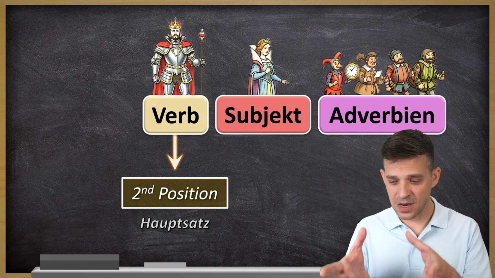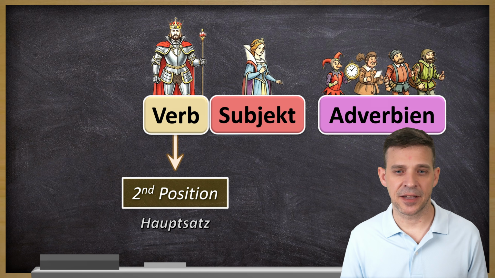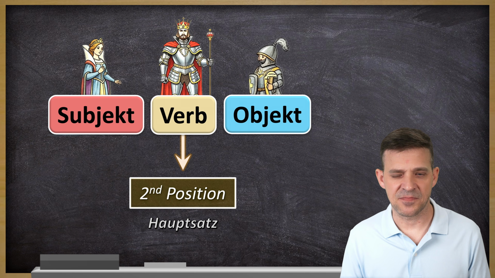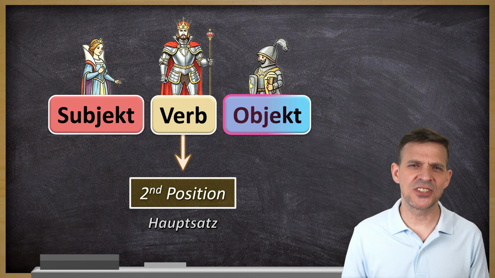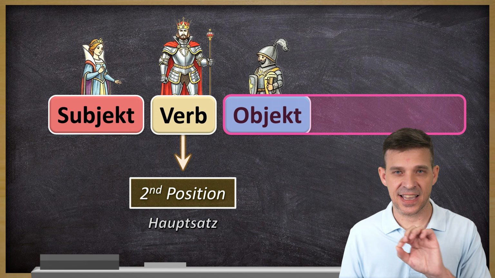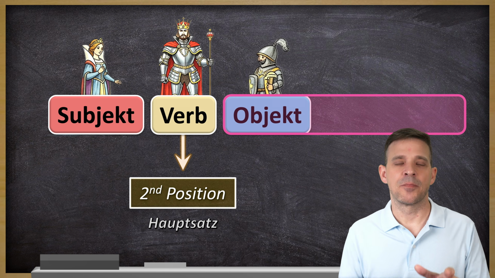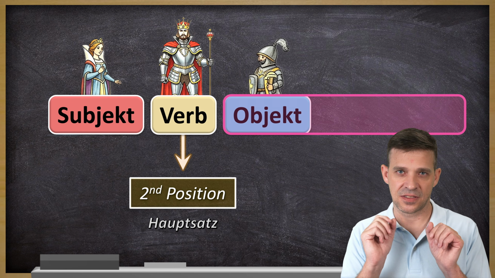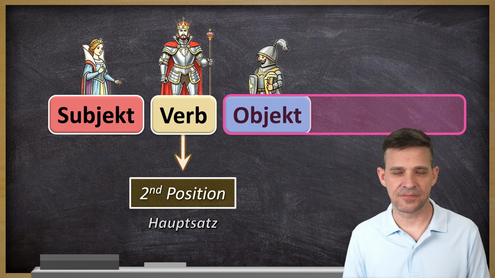Of course, the queen wants to be close to the king. And then we have the object, the knight. And the knight can be pretty much anywhere in the kingdom because the knight has to protect the kingdom. But in most situations, you will find the object after the verb and not on the first position.